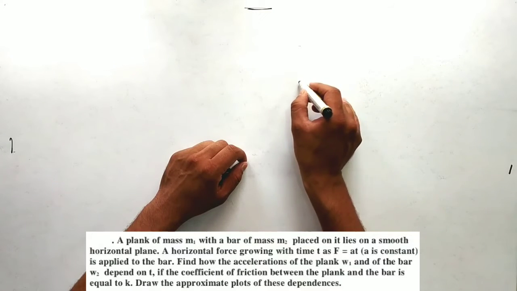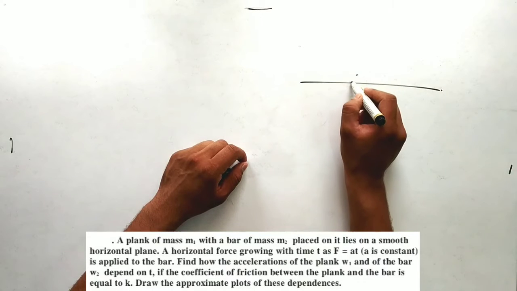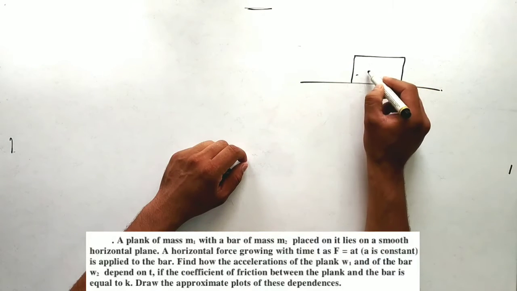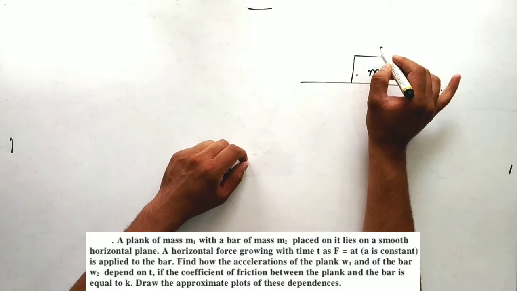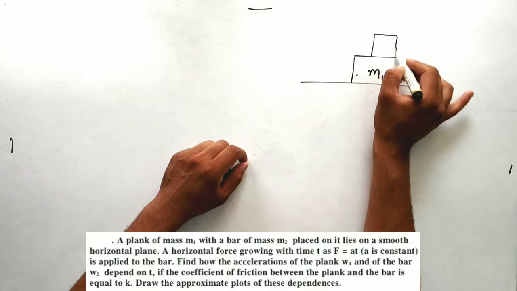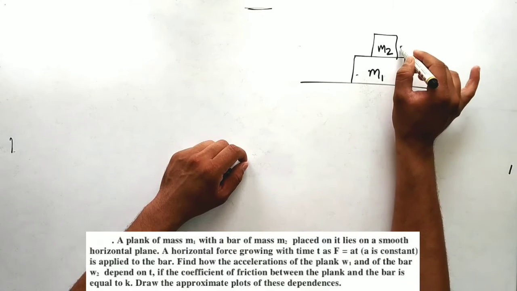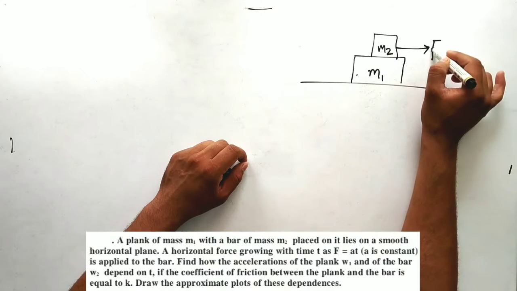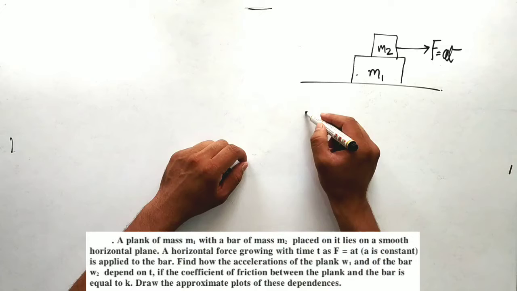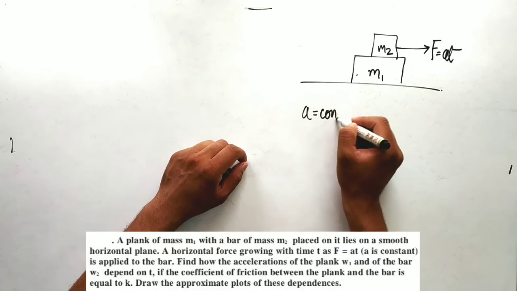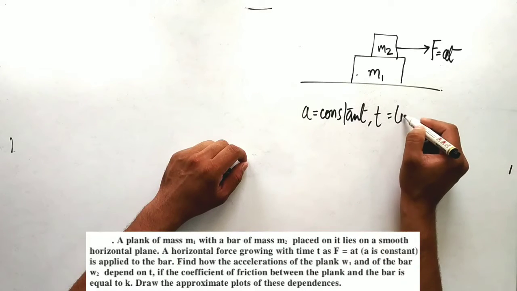There is a plank of mass m1 over which there is a bar of mass m2, which is being pulled by a force F equal to AT, where A is a constant and T stands for time.